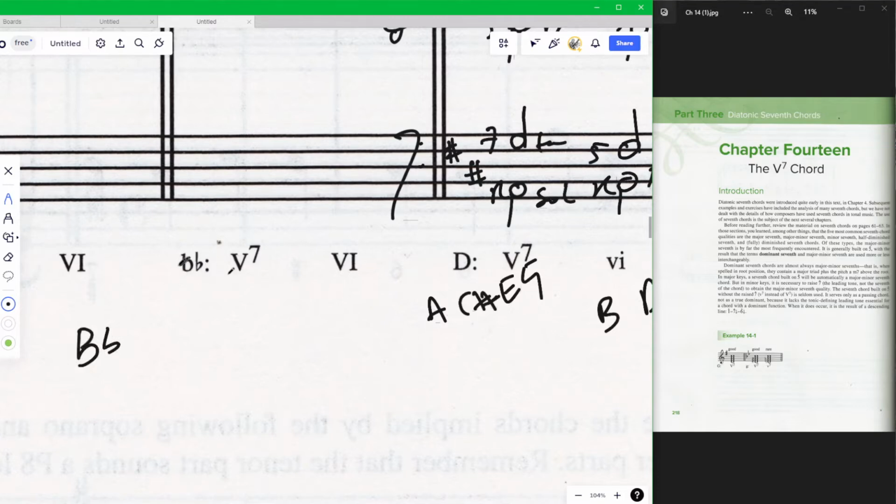We know that minor mode is basically Aeolian, which is based on the 6th scale degree of an Ionian key signature, known as the major key signature. In the major key signature, from Do to La is a major 6th. So this is a major 6th from the parallel major tonic.